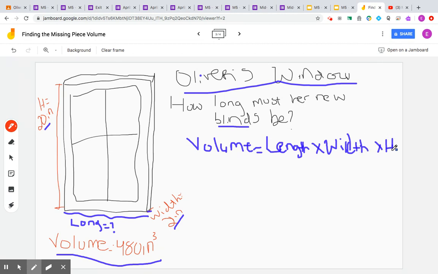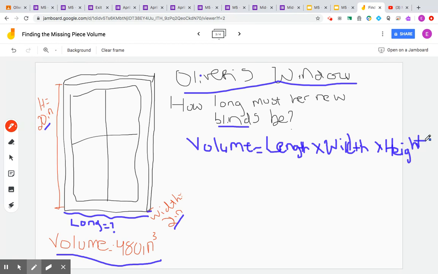I'm just going to put an H, guys. Typing is hard. You guys have been using this formula to find the volume for the last 2 weeks. We know the volume can be found if I multiply the length, the width, and the height of a rectangular prism, just like my window.